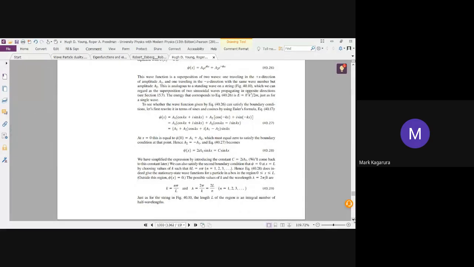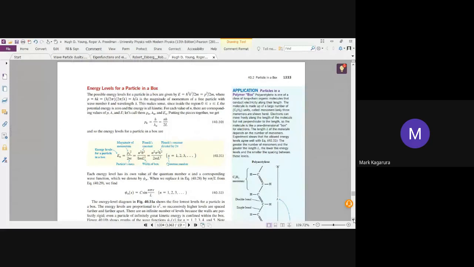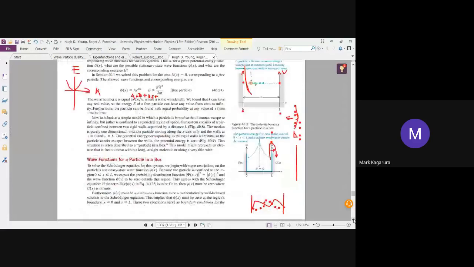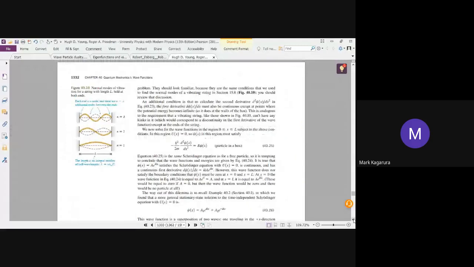So you have your free particle. All the explanations are there in terms of the standing waves as well. Here they are already putting in the boundary conditions, but for one, we know that our wave function is going to be two waves.